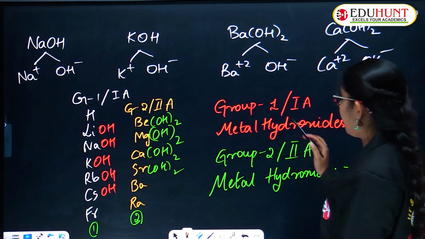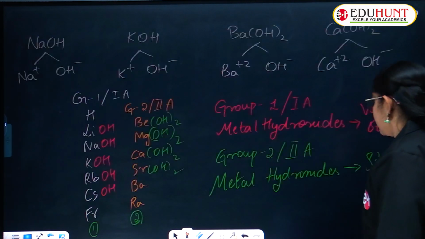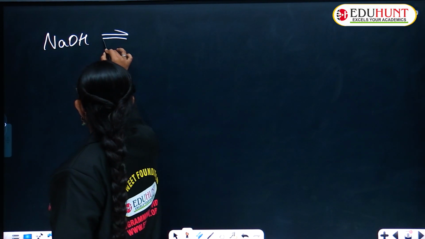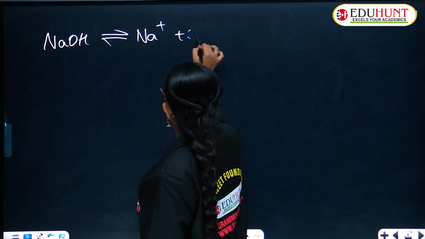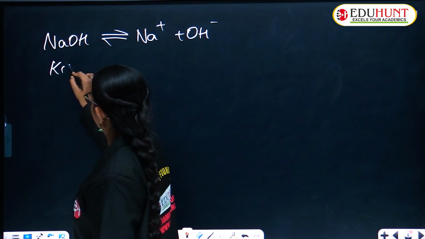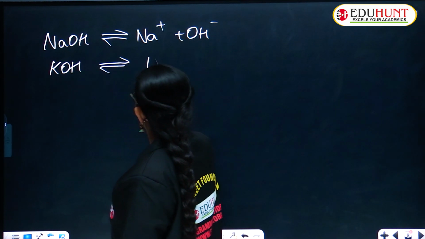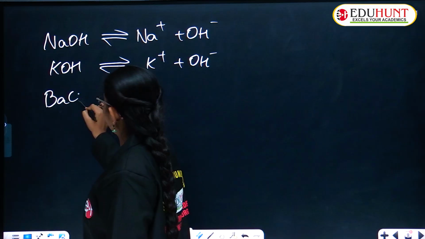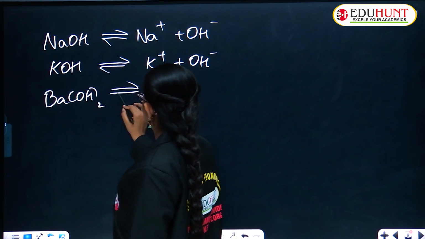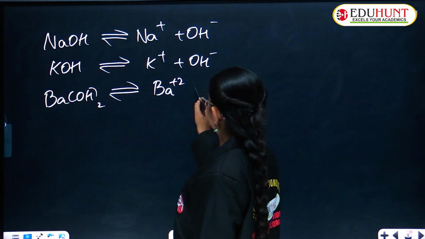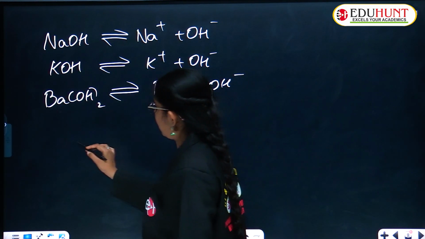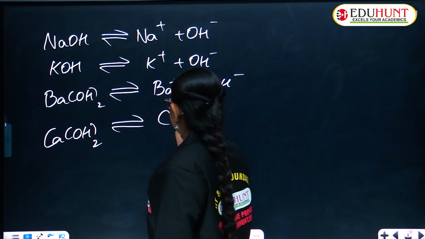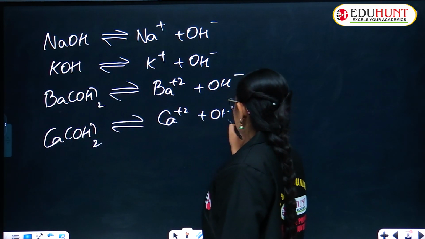And for strong bases, we can represent NaOH as Na plus OH minus, KOH as K plus OH minus, barium hydroxide as Ba plus 2 plus OH minus, and the last one, calcium hydroxide, as Ca plus 2 plus OH minus.